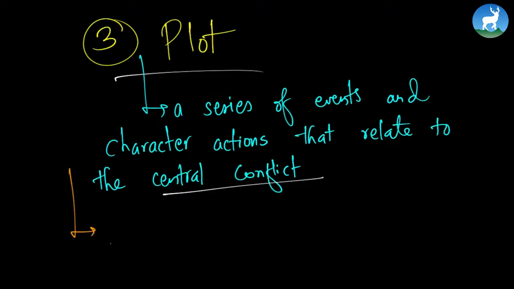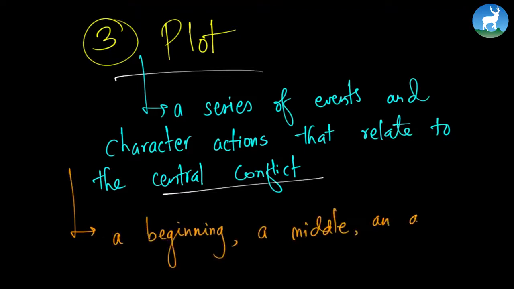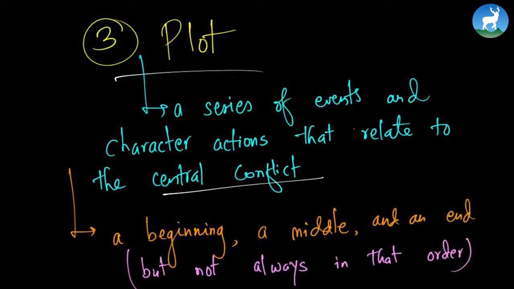The plot has a beginning, a middle, and an end, but not always in that order. The short story usually has one plot, so it can be read in one sitting.